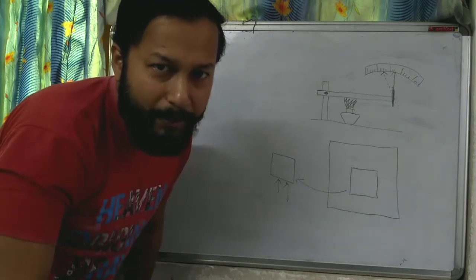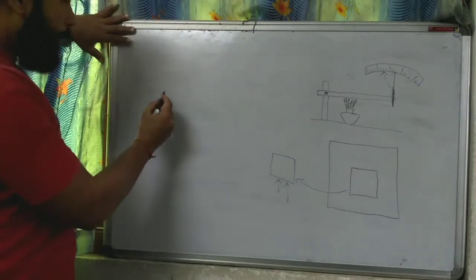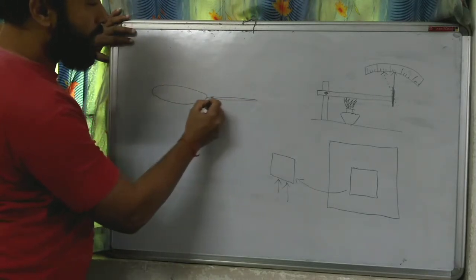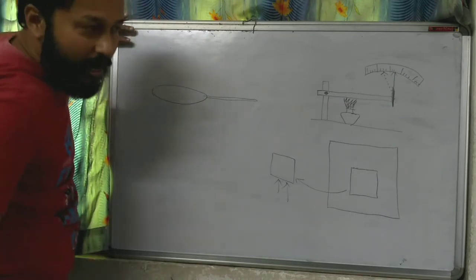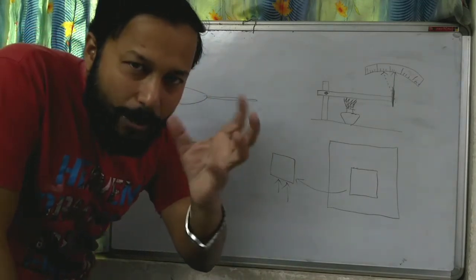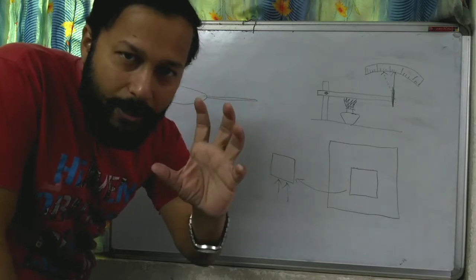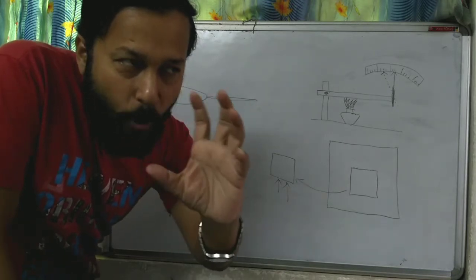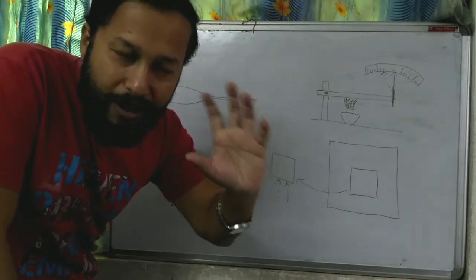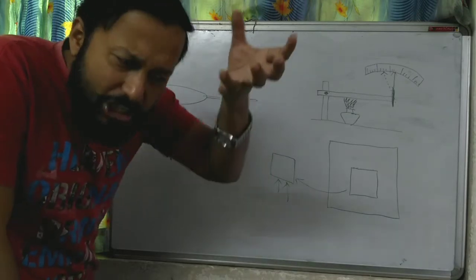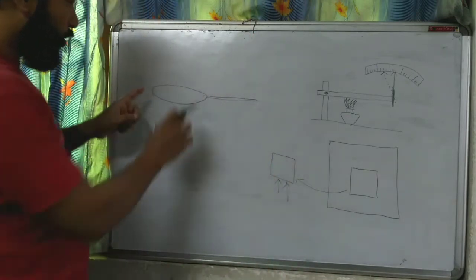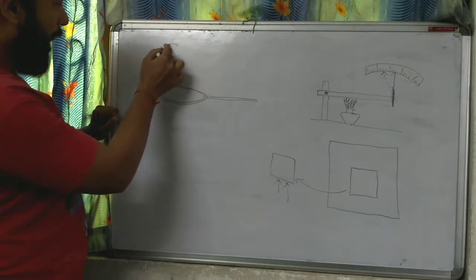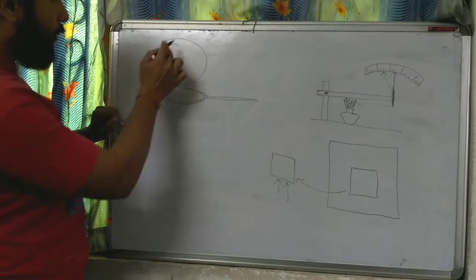Now another experiment. I have taken a simple ring, and I am taking a metal ball, say a copper ball. I take the size of the ball such that the ball can just pass through this ring.